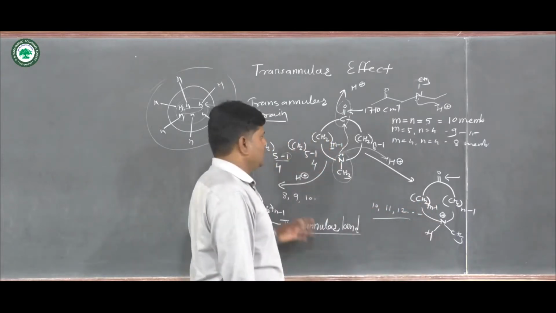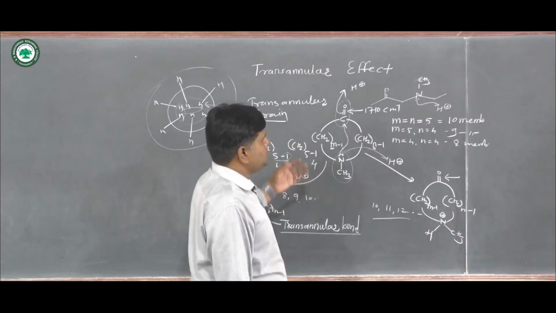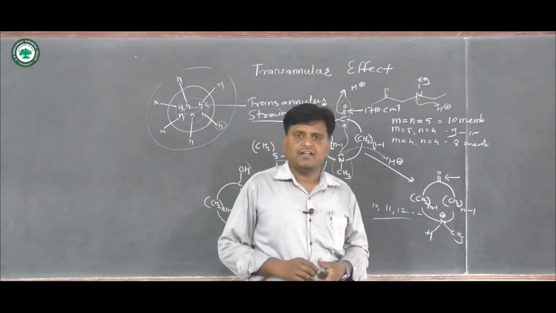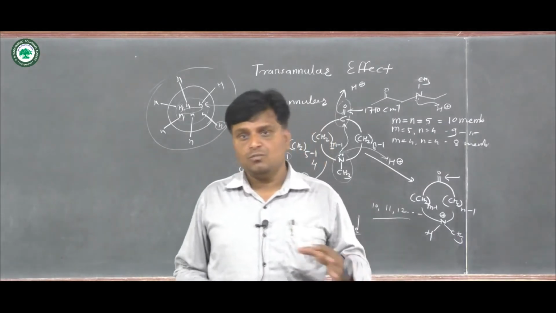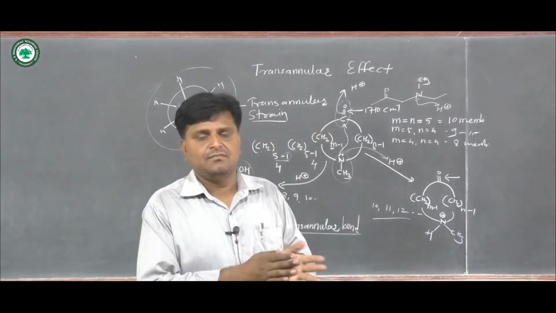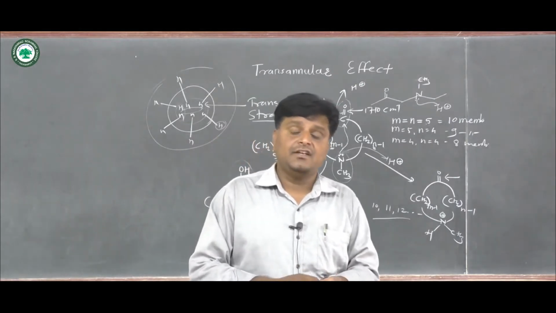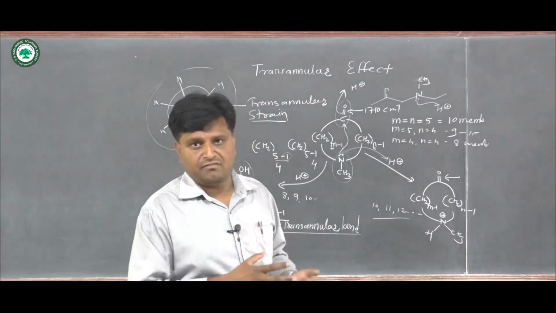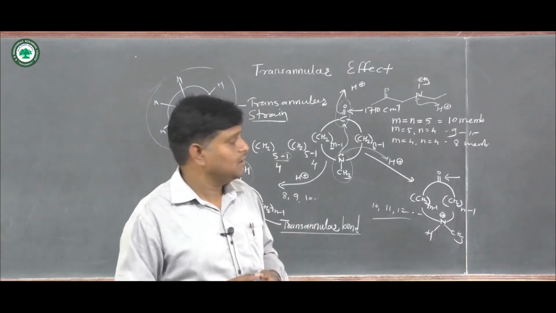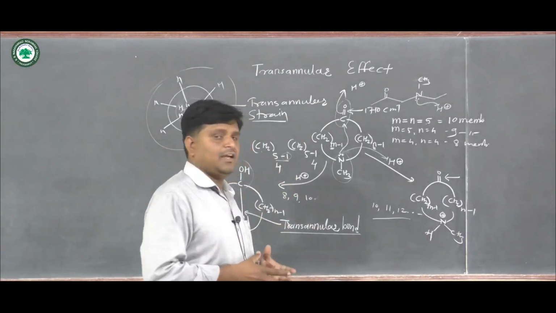Okay, so this example shows the transannular effect, and this is not an ordinary effect shown by all types of ring systems. This effect is only shown by the medium-sized ring systems, so this is one of the important properties of medium-sized ring systems, and this is one example.